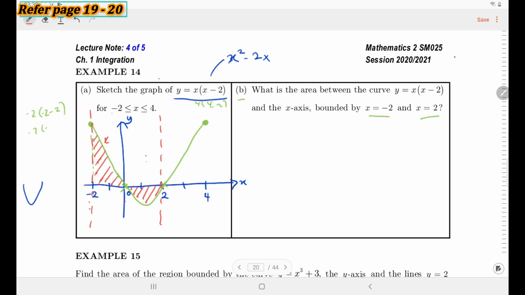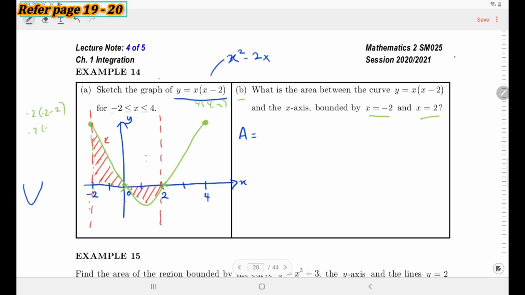Okay, so the area is A. Since we look at the region bounded here, the first part from -2 to 0 is a positive area because it is above the x-axis, while from 0 to 2 it is below the x-axis, so the area would be negative.